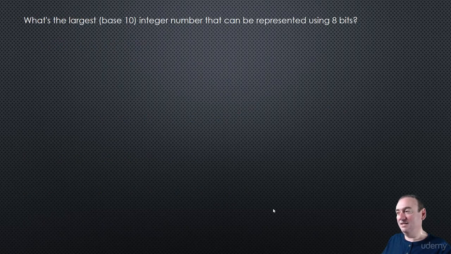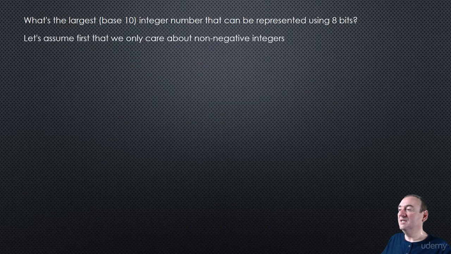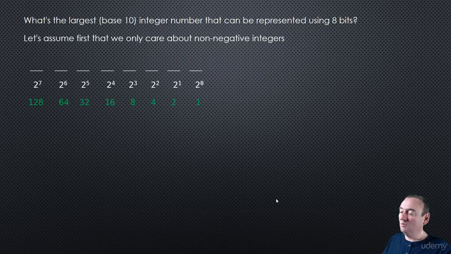So we might ask the other question. What is the largest integer number that can be represented using 8 bits? How far can we go? Well, let's assume first that we only care about non-negative integers. That's 0 and up. We don't care about the negative integers. We'll bring that back in a bit. Well, that means that we have 8 bits to work with. So these are our 8 bits, 1, 1, 1, 8 times.